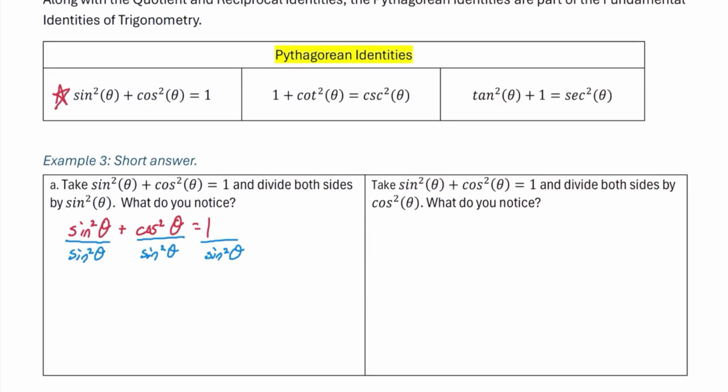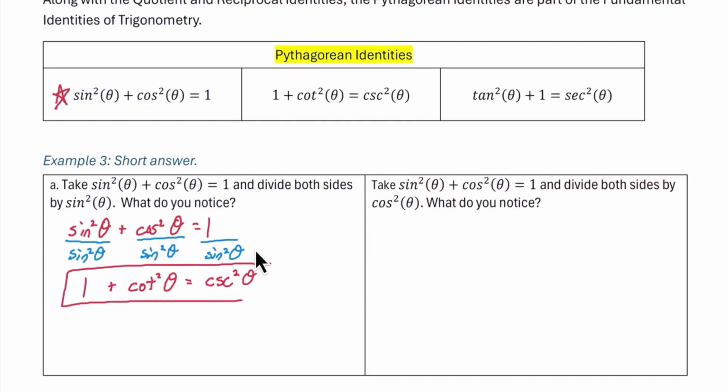And notice what we get. Sine squared divided by sine squared, that is 1. And then cosine squared divided by sine squared, that is cotangent squared theta. And 1 divided by sine squared theta is cosecant squared theta.